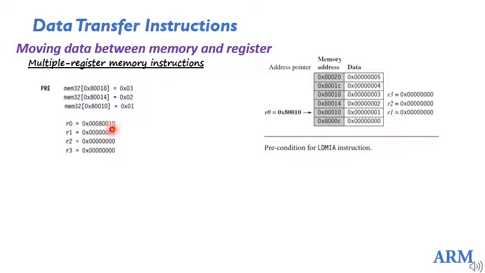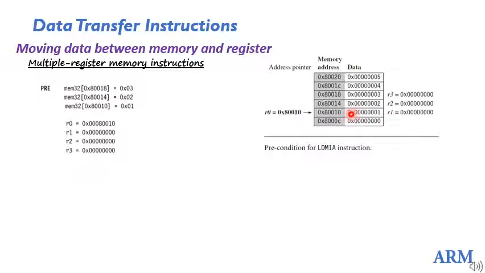The content of the memory location with the address in R0, that is 80010, is 1. This will be a 32-bit number, so it will be occupying 4 memory locations. You can see here, 80010 will be occupying 4 memory locations, 80010, 80011, 80012 and 80013.